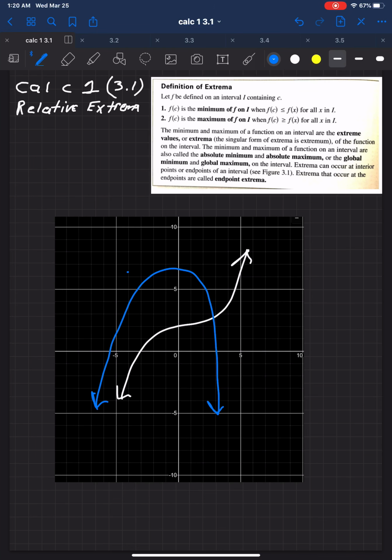One of the things that I'm going to be asking in this chapter about this function is, hey, does this function have a minimum value or a maximum value, right? We ask questions about minimums and maximums all the time.